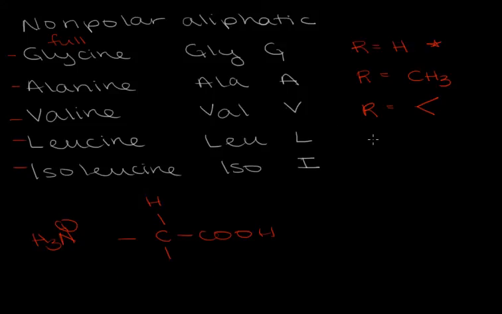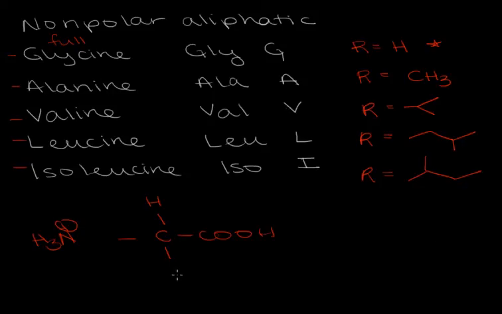Leucine and isoleucine are a little more difficult because their structures are very, very similar. Here we go. Leucine looks like this. It's like you had just added another methyl to the valine group, whereas the isoleucine looks like this, where you move this methyl group to this position. Okay. I'm not going to draw all these out down here.